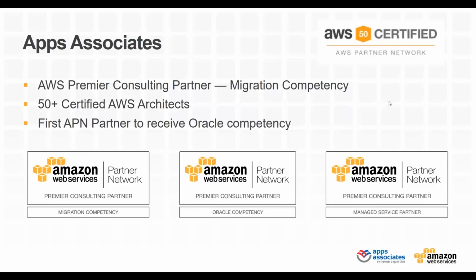One of the successes of being a partner that has developed customer successes is to have strong employees, associates, architects, and Apps Associates has invested strongly in this area, and we're happy to say that we have over 50 certified AWS architects in our organization.